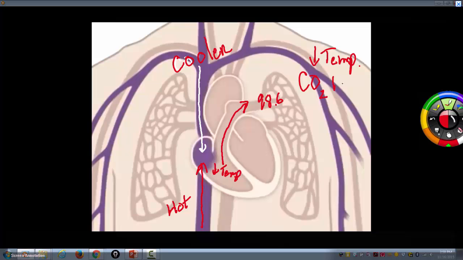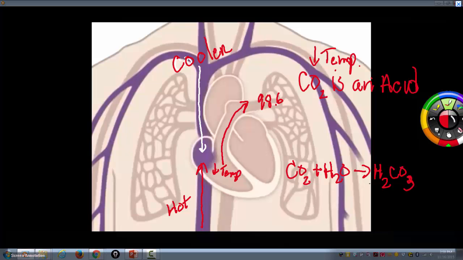CO2 is an acid. It's an acid. Yup. I'm going to write this out for you, just for all you haters out there who hate on this equation. When CO2 gets dumped into the blood, it's going to combine with water and form carbonic acid, H2CO3.